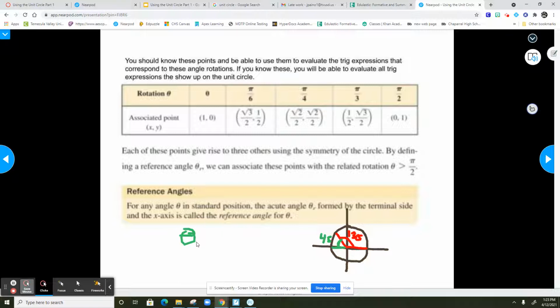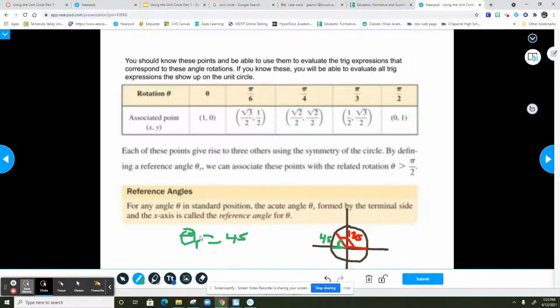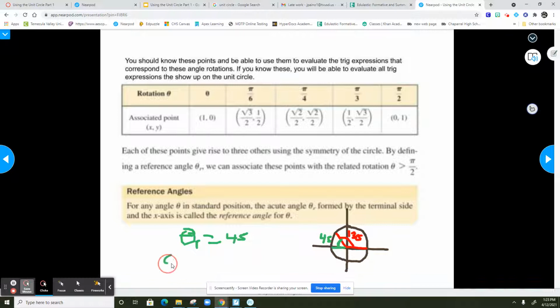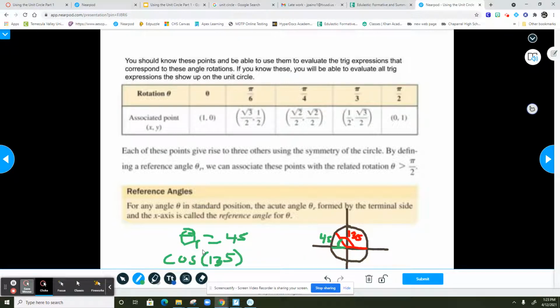All right, why is that helpful to know? So now, if I say, what is the cosine of 135 degrees? Well, if I know what cosine of 45 is, then I know what the cosine of 135 is.